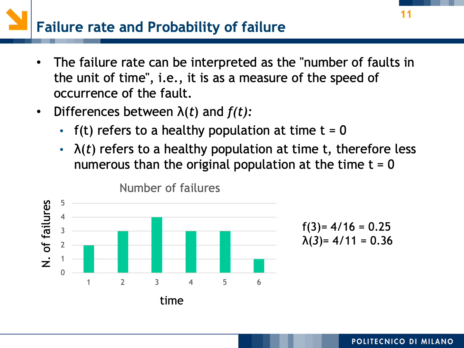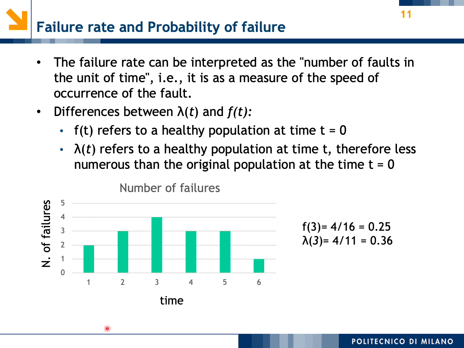And the difference between lambda t and f dt is the fact that while f dt refers to the healthy population at time t equal to 0, so at the beginning of the time, lambda t refers to the healthy population at time t, so the moment in which we are considering lambda. So, what does it mean? It means that we are considering a population that is smaller with respect to the one that was healthy at time t equal to 0.